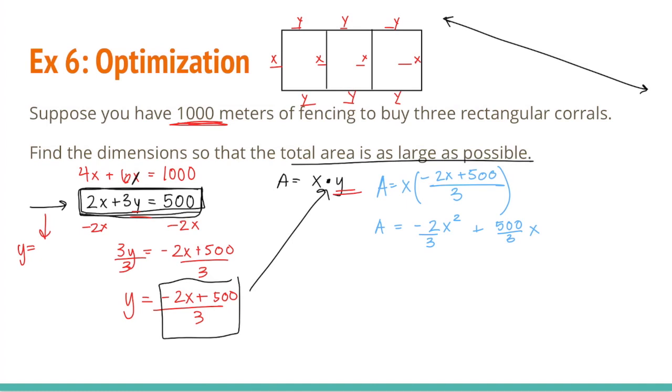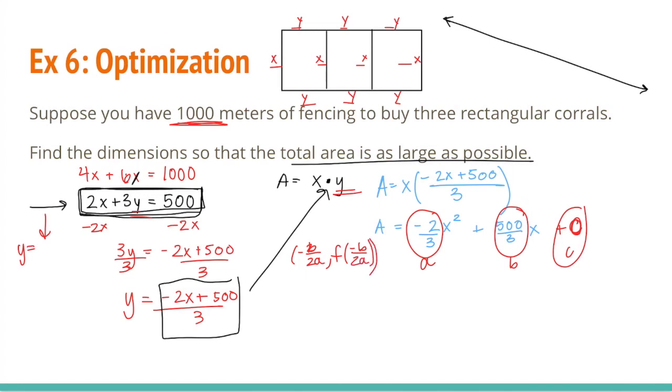Okay. Now I have a quadratic. I have a negative 2/3 as my a value, and I have a 500 over 3 as my b value. My c is just 0. Okay, instead of completing the square, that's just too much, I'm going to use that little shortcut of finding negative b over 2a, and then inserting that into my function.